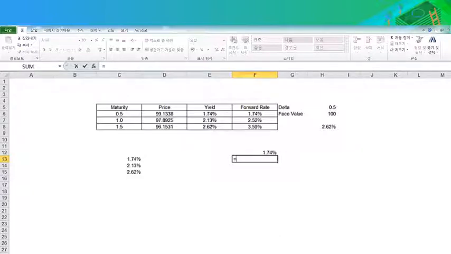Therefore, we can multiply this long rate and this one, minus this one multiplied by this one, and divided by this one minus this one.